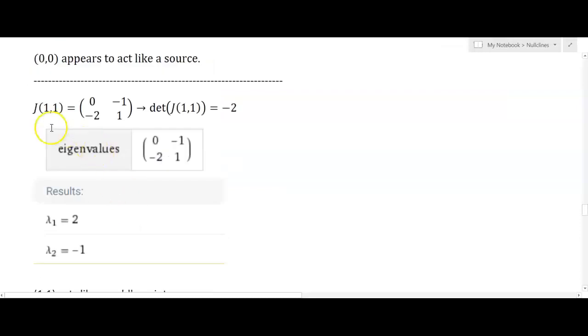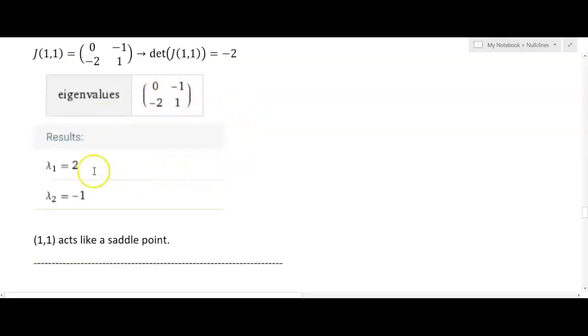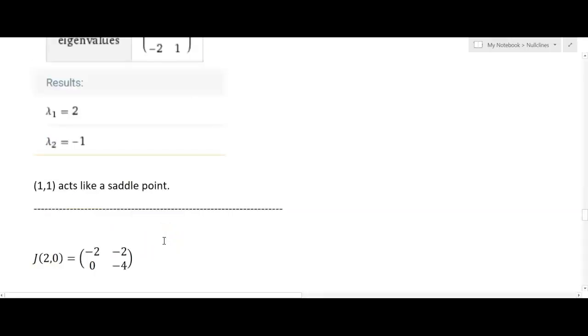For the point (1, 1), when we enter that into the Jacobian matrix, we get a determinant of negative 2, which is fine. Compute its eigenvalues. We get 2 and negative 1, which means (1, 1) acts like a saddle point. So again, (1, 1) will suck trajectories in and push them away.